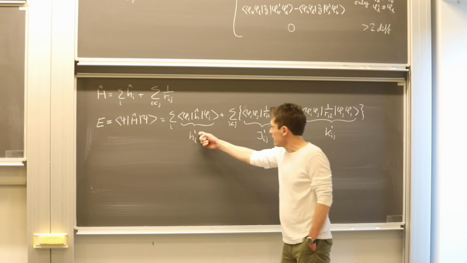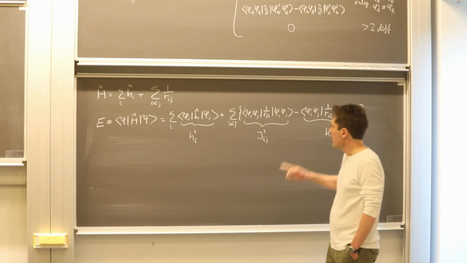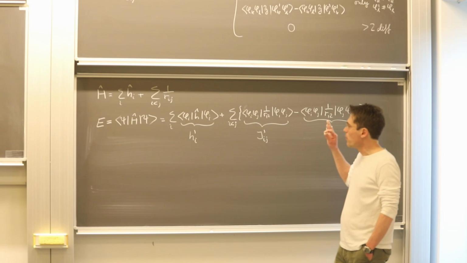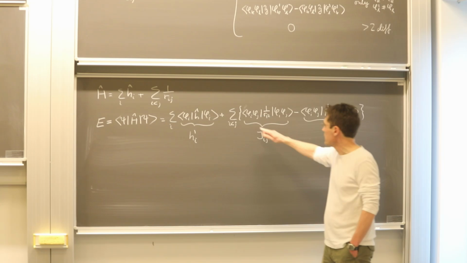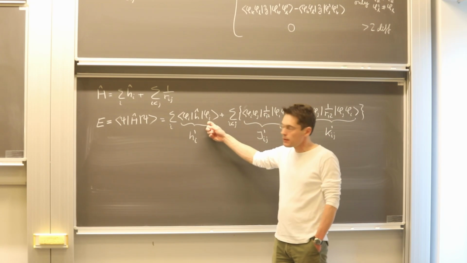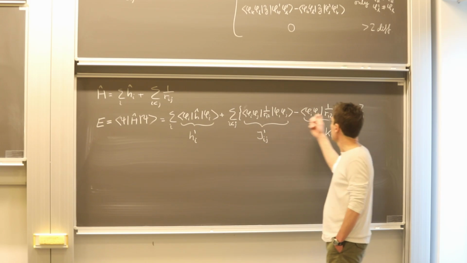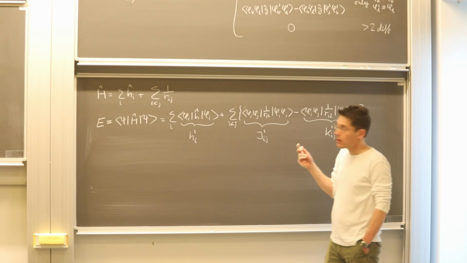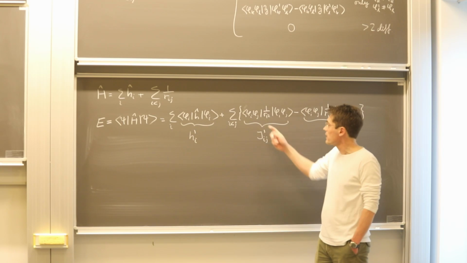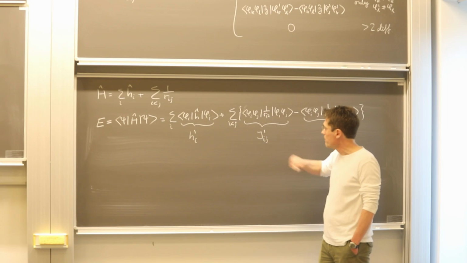And now these three primes here, they mean that at this stage we haven't performed the spin integrations in here. Here is actually a four-dimensional integration, three spatial ones and one spin integration. Here and here we have 8 integrals, 6 spatial ones and 2 spin integrations. So that's what the prime means.